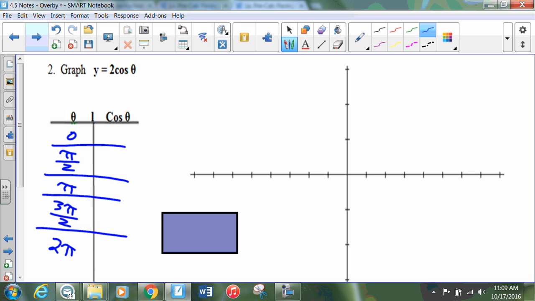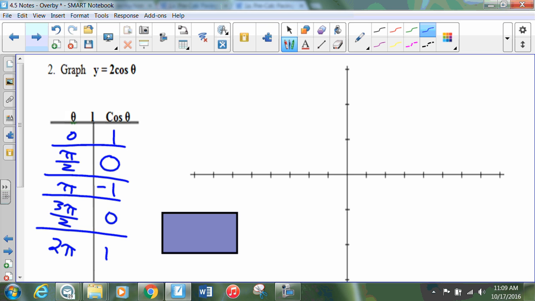So here we go. When theta is 0, cosine of 0, 1. Good. Cosine of pi over 2, 0. Good. Cosine of pi, -1. Cosine of 3 pi over 2, 0. Cosine of 2 pi, 1. Good. Now, here's the deal. I didn't multiply anything by 2, did I?